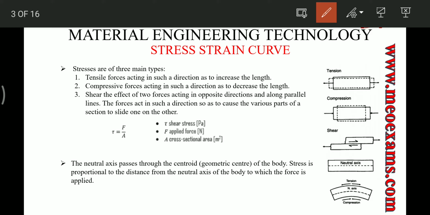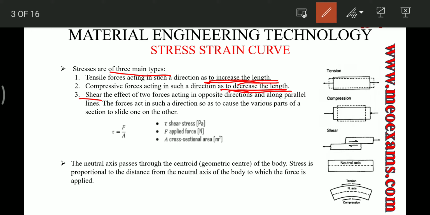Now let's see the types of stresses. Basically there will be tensile stresses, compressive stresses and shear stresses. Because of tensile forces there will be an increase in length, so those stresses are called tensile stresses. And because of compressive forces there will be decrease in length, so those are called compressive stresses.